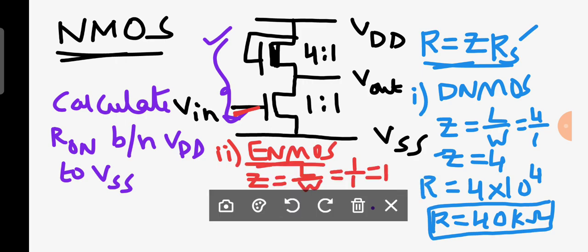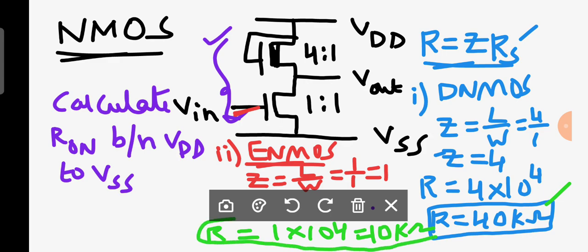Therefore the on resistance for the enhancement mode transistor is 1 into 10 to the power of 4. Then what is the value of this? You can write 10 kilo ohm. Now you can observe that here it is 40 kilo ohm, and for the enhancement mode transistor it is 10 kilo ohm.